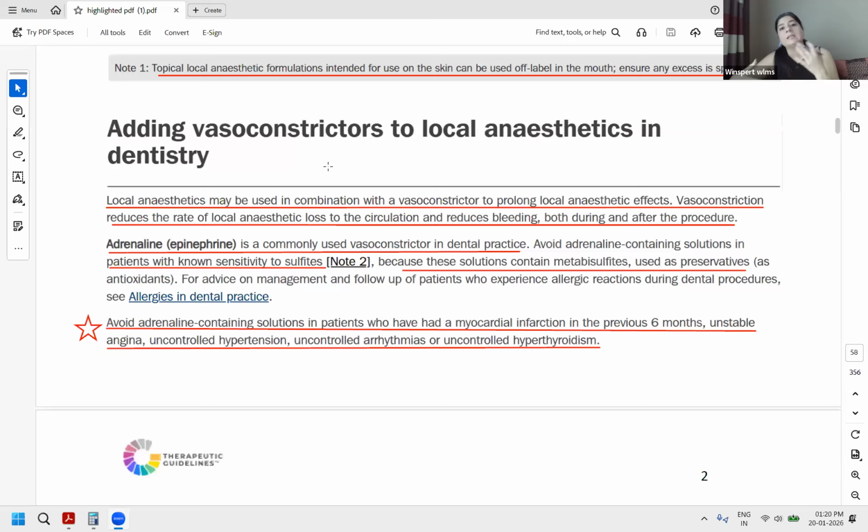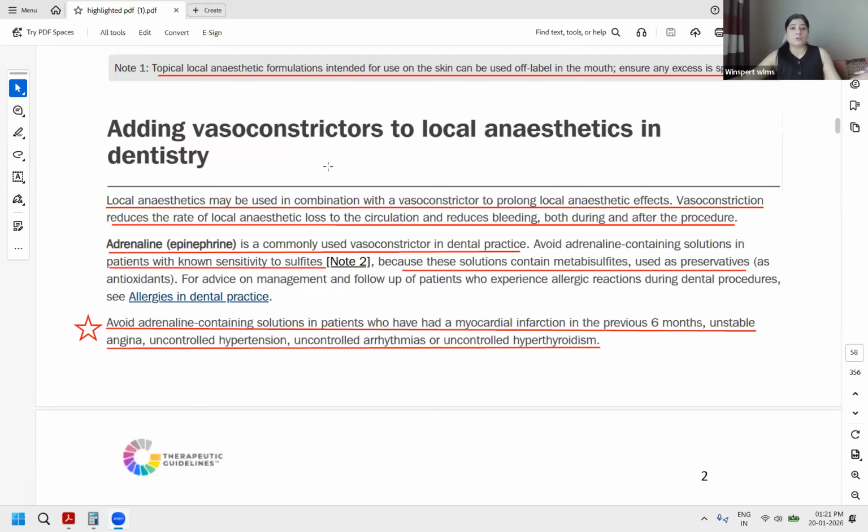Most commonly used is adrenaline, but adrenaline has a very highly oxidative tendency. Because of its highly oxidative tendencies, to prevent that oxidation, an antioxidant or a preservative like metabisulfite is added.